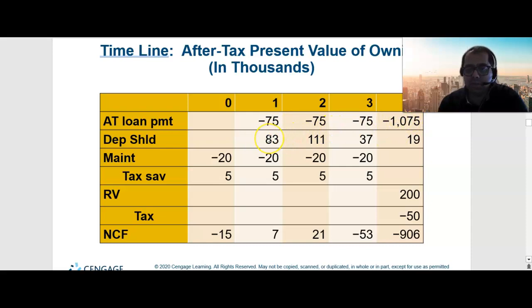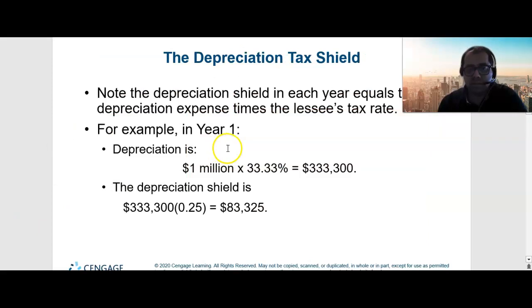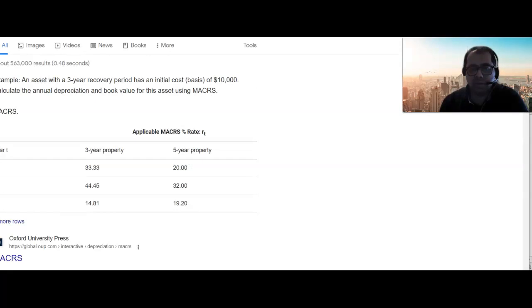Now, the depreciation shield is calculated based on the MACRS schedule, right? So the first one comes from this here, 33.33% times 0.25. The next number comes from, remember, it's 44.45%.